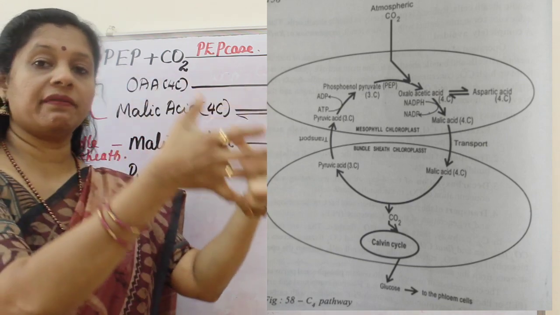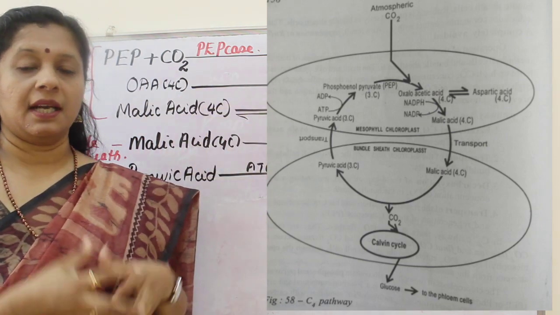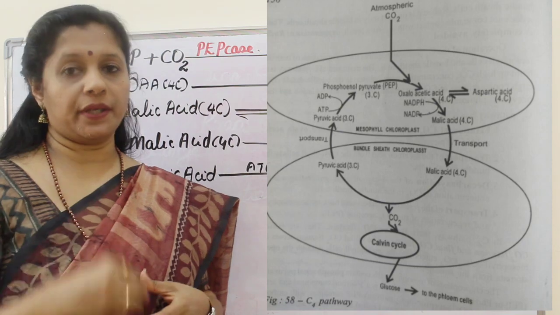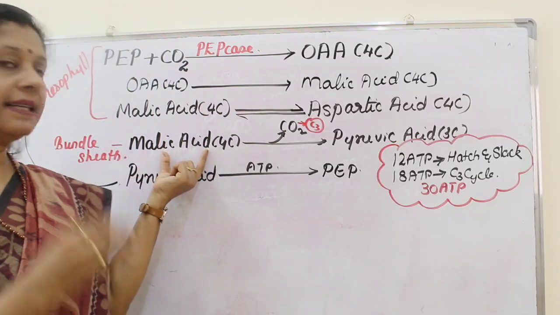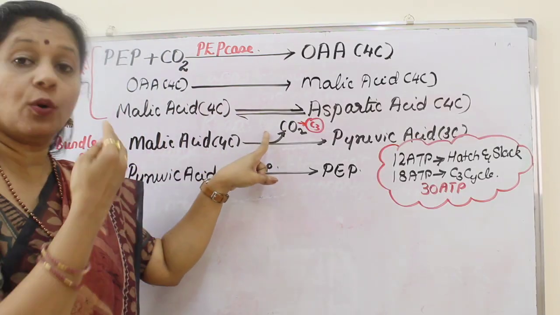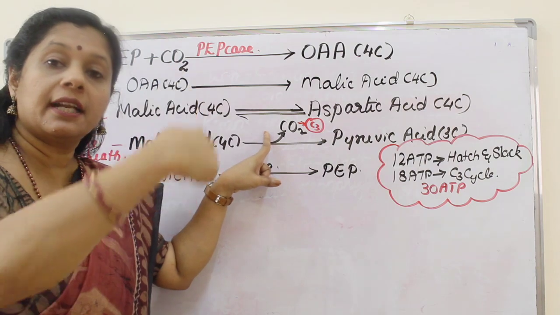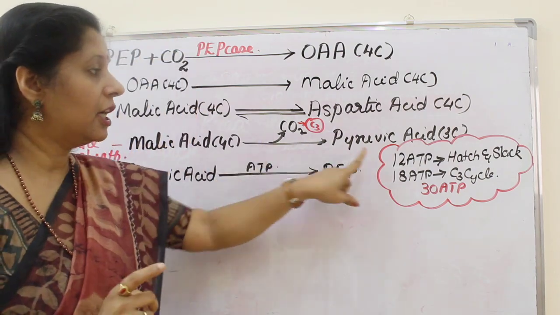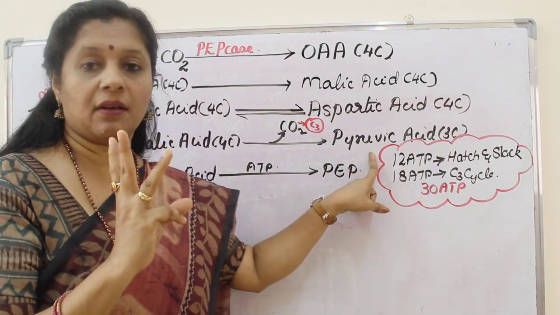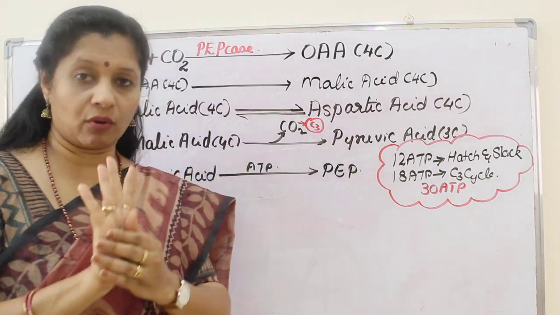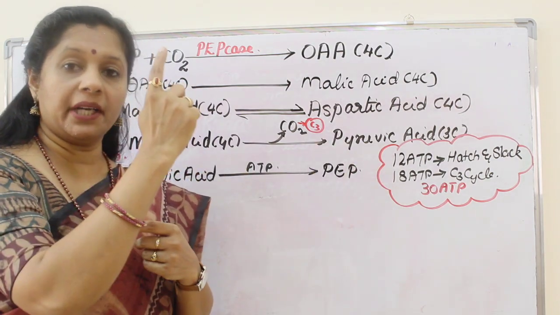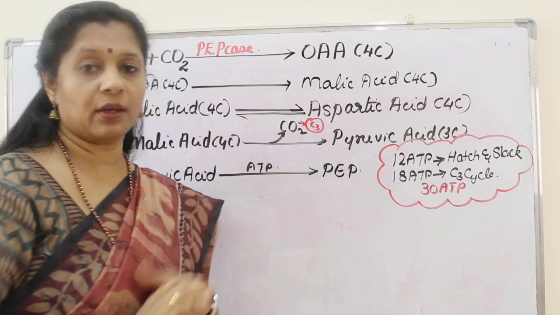Now malic acid is shifted to the bundle sheath chloroplast. There who is there? Rubisco is there. The malic acid is 4-carbon. It will undergo decarboxylation, that is, it removes one carbon dioxide to become a 3-carbon acid called pyruvic acid. So from 4-carbon malic acid, one carbon dioxide goes out, meaning 3-carbon pyruvic acid.